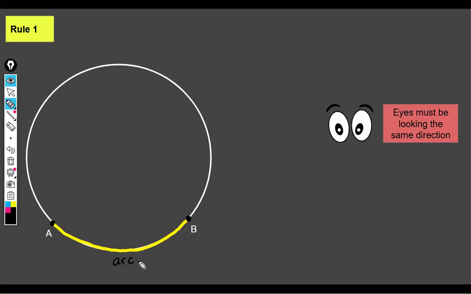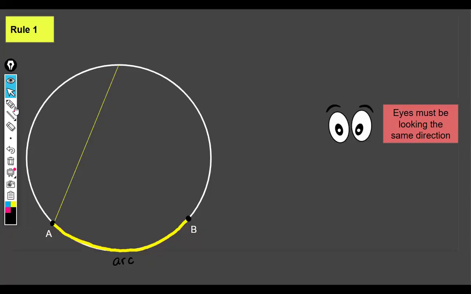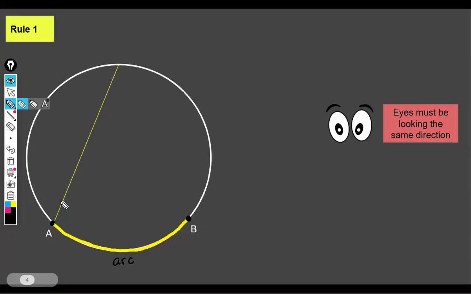Look at my diagram. I'm going to start at point A. From point A, I'm going to draw a line at the beginning of the arc, and it's going to hit the circumference. Look at that yellow line. It starts at A, and I draw it to hit the circumference.